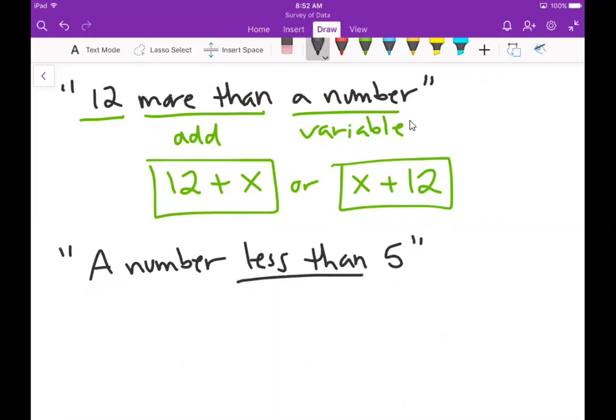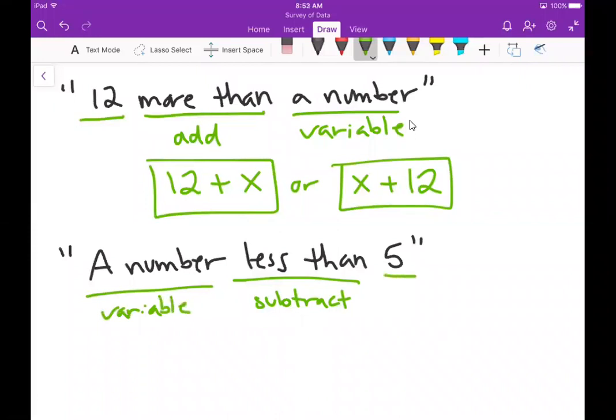Sometimes if you get confused with this variable sitting in here, think, okay, I need to take 3, put a number in there. 3 less than 5. That means I need to take 3 away from 5. I'm going to take a number away from 5. So my operation is to subtract. And my variable, I'm going to use x, and my number is 5.